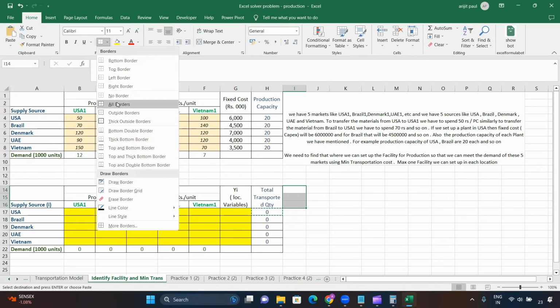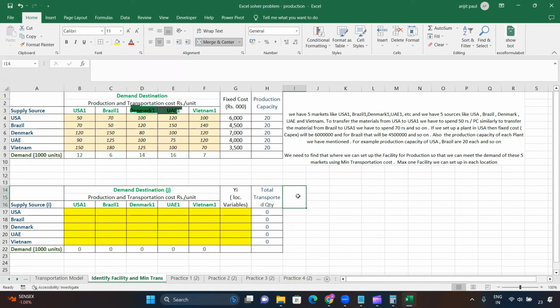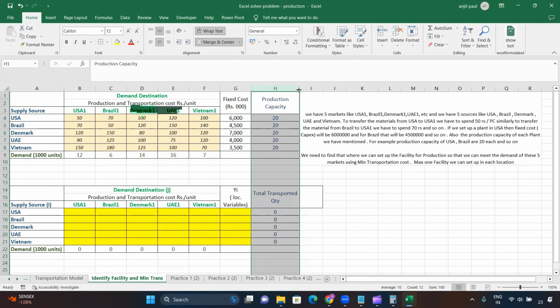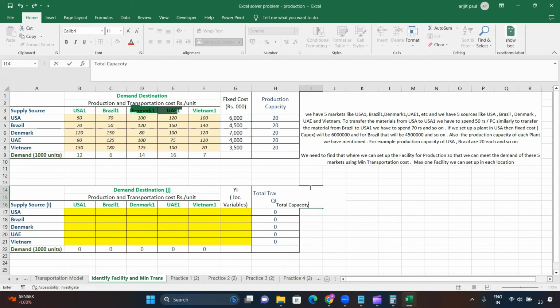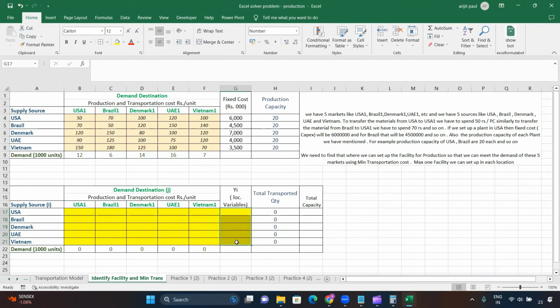And there will be one other thing: total capacity. So what is total capacity? Only if we set up that plant or facility at that particular location can we supply the material from that facility.